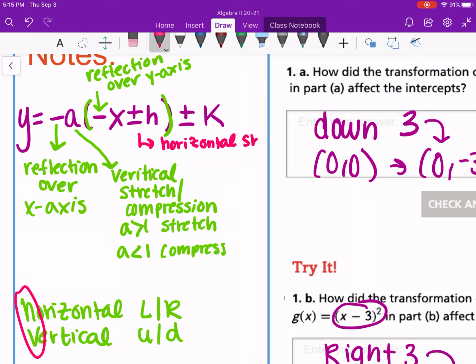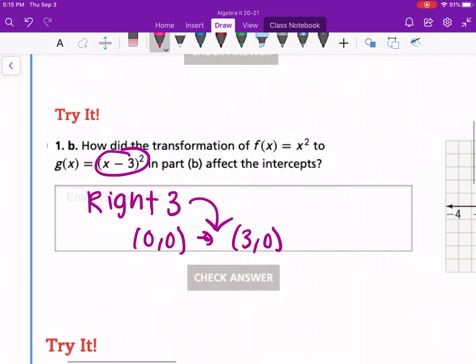And here's the worst part, and you're going to hate me for it, and I'm so sorry, and I'm going to explain it in more depth later, but right now is not the time because I don't want to confuse you. When you see a plus sign, you are going to shift left. When you see a negative, you are going to shift right. Okay, a really good example is right over here.